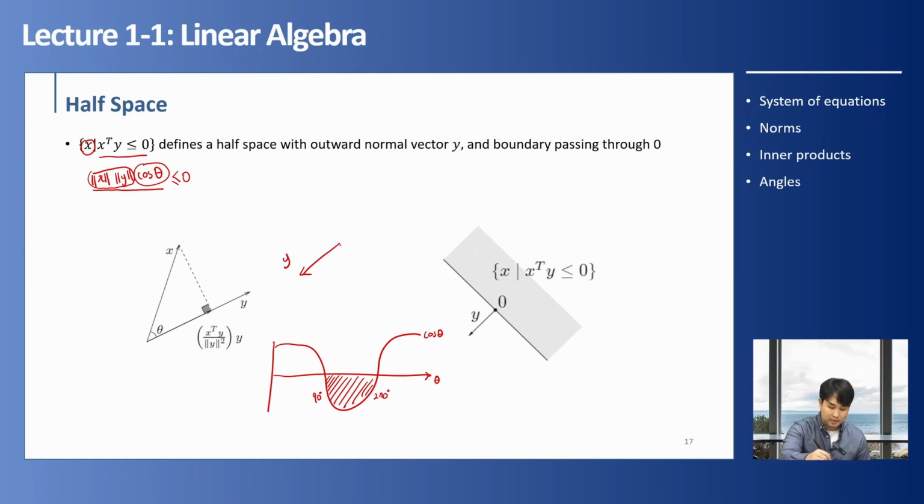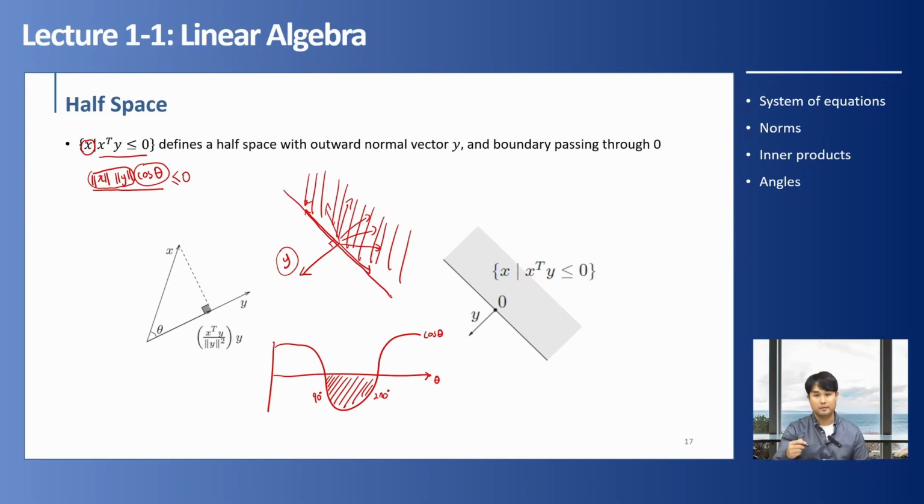So this implies that the angle between y and x is at least 90 degrees up until 270 degrees, which in turn defines this entire half space with an outward vector y and a boundary passing through 0. Again, I won't be diving too much into the details here, but I'd like you to keep in mind that half spaces can be conceptually used in classification algorithms.